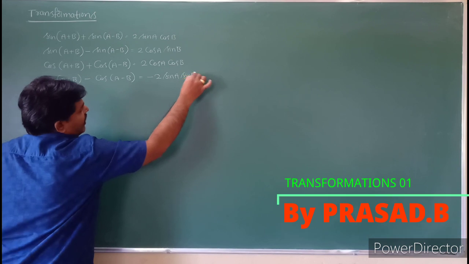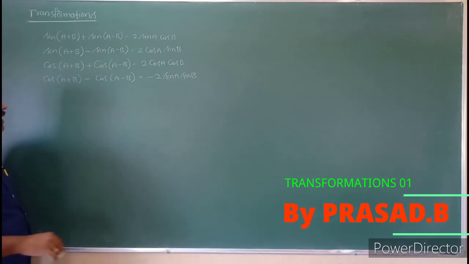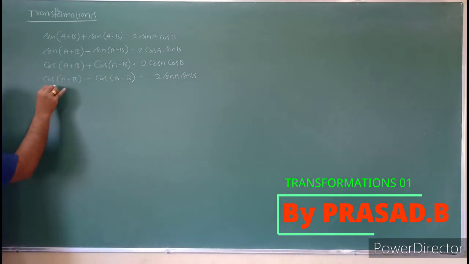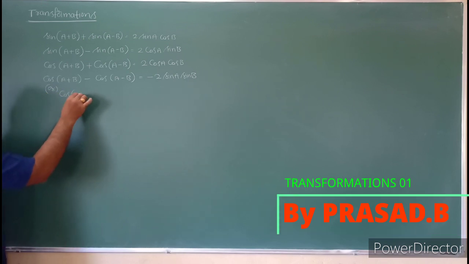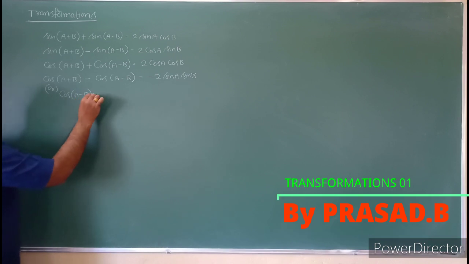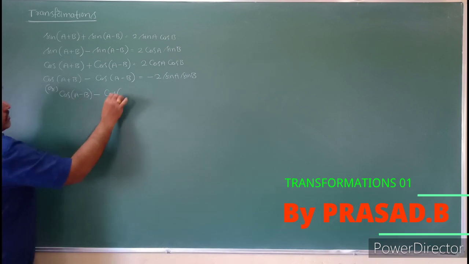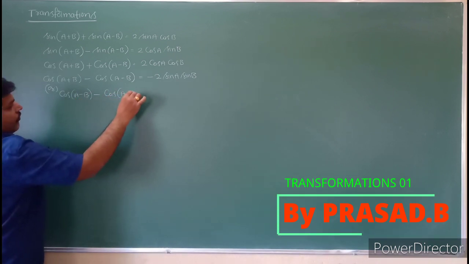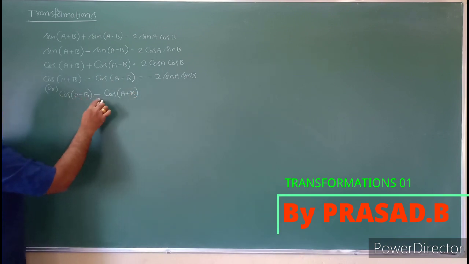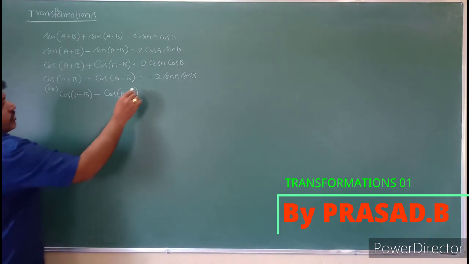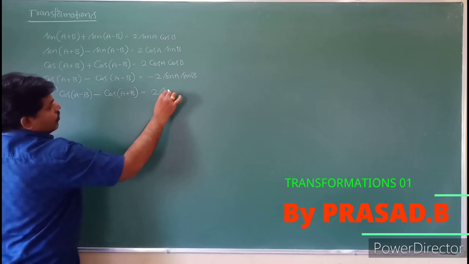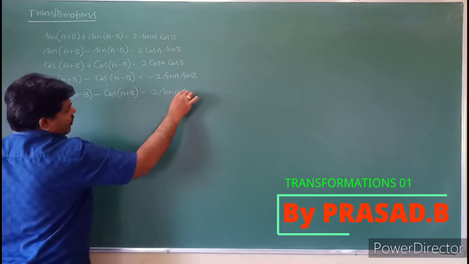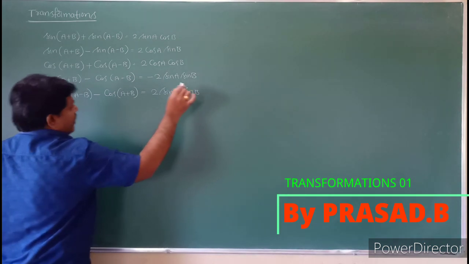This formula can also be written in this form: cos(a-b) - cos(a+b) is equal to 2 sin a sin b.